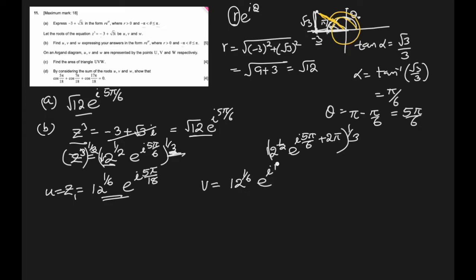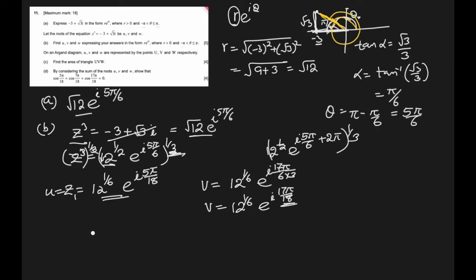Here it will become 17 pi by 6 and multiplied by 1/3, so it becomes times 3 in the denominator. So v comes out to be 12 to the power 1 over 6 e to the power i 17 pi over 18, which is very close to pi. They have given us a range minus pi to plus pi. That means we are already near to pi.